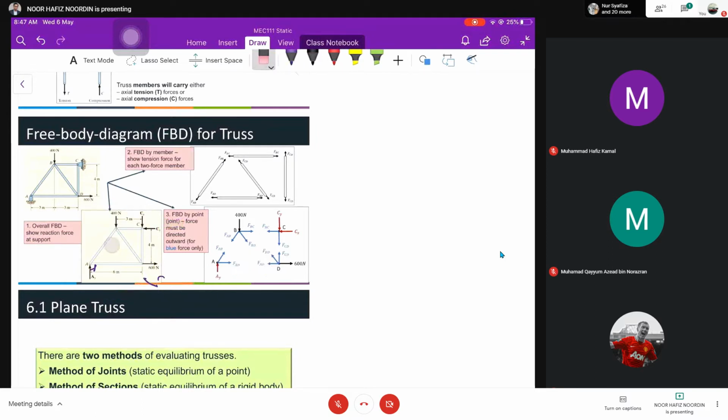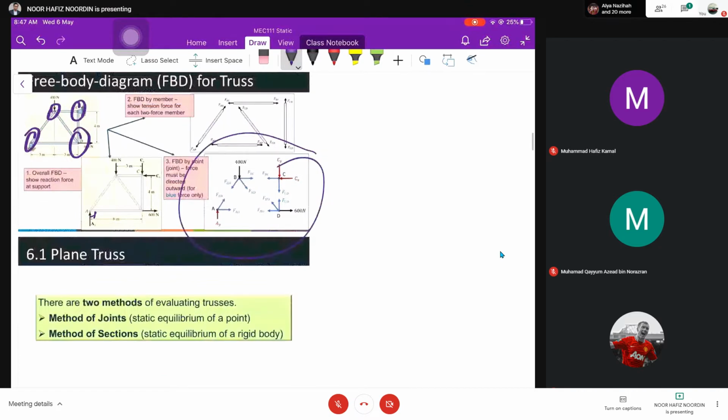So in this example, you actually have 1, 2, 3, 4, 4 connections. So you need to draw free body diagram for all the connections, the joints. So that one you can see in the slide lah, yang di sebelah kanan bawah tu. And then nanti saya akan terangkan macam mana nak lukis dia punya free body diagram untuk joint ni.